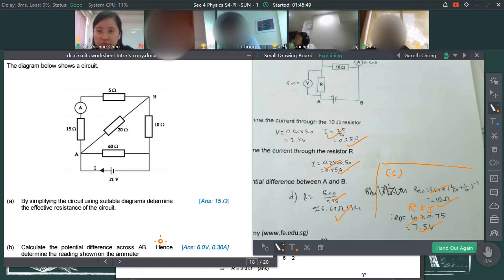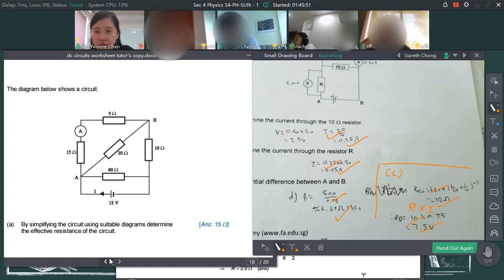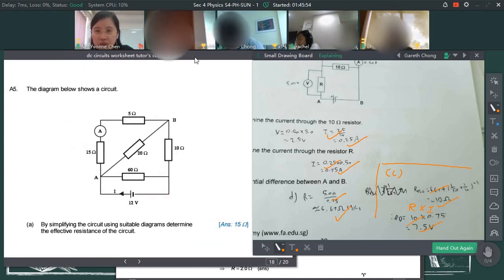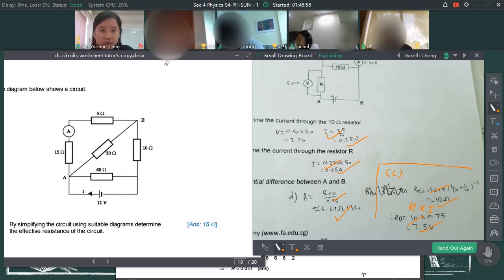For question 5, I want you to show me how you simplify. Please show the simplified circuit. Draw the simplified circuit as well.